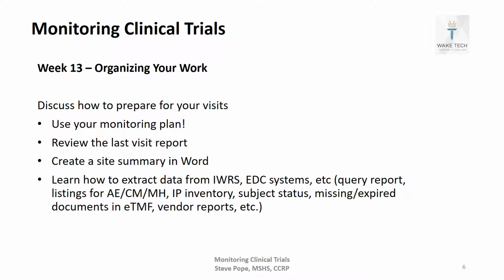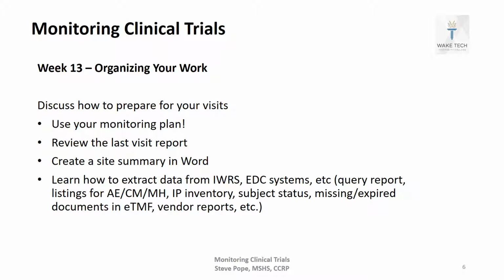Also, as we learned in our IP accountability module, run the IP inventory report. That tells you what IP kits they have on site, which ones have been dispensed, and which ones have been returned. You may have to run multiple reports to get all of that, depending on how the IWRS system is set up. That way you've got a plan for doing your IP accountability.